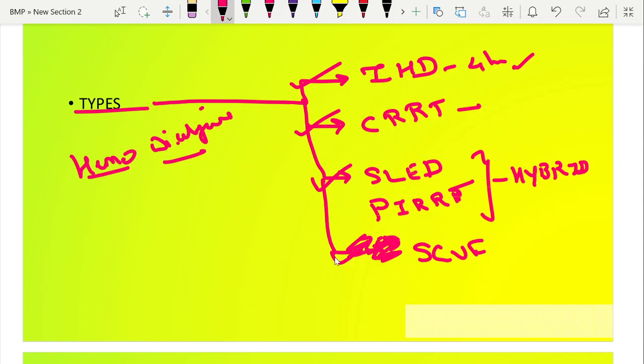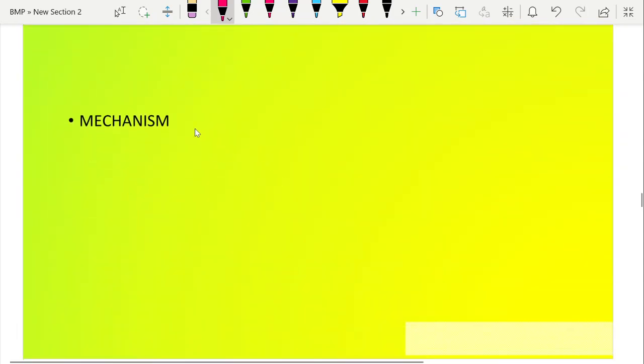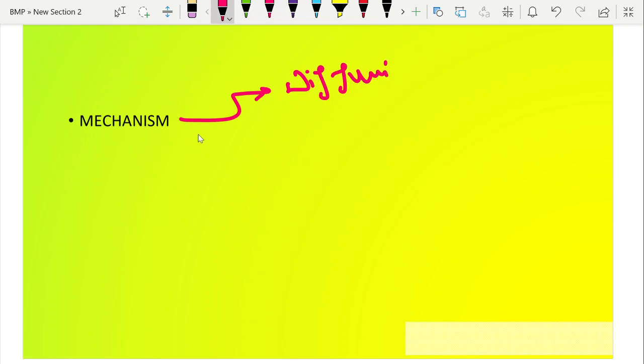What are the types of hemodialysis? Then coming to the mechanism, what is the major mechanism involved? One is diffusion, another one is convection. These are the two major mechanisms involved. And what is the upgraded form of hemodialysis?